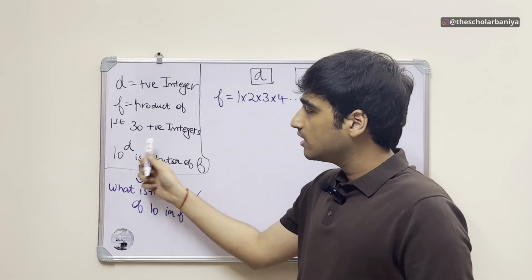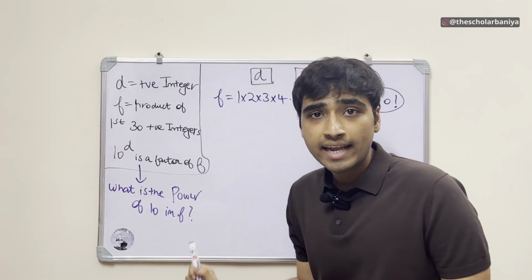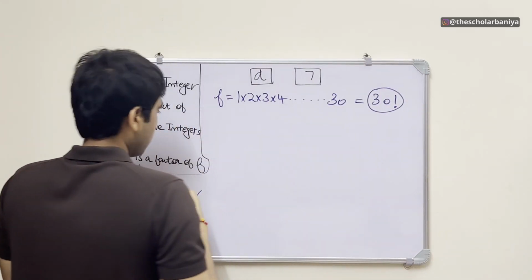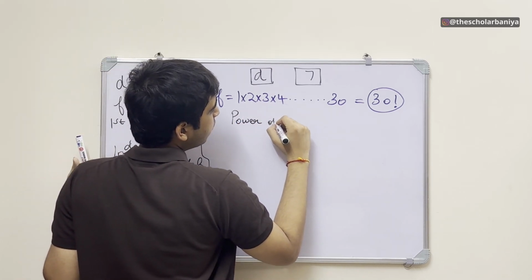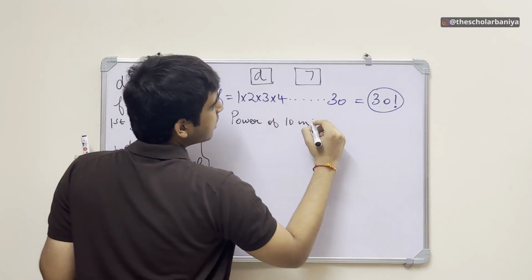So basically, in this question we have to find the power of 10 in F. And what is F? 30 factorial.